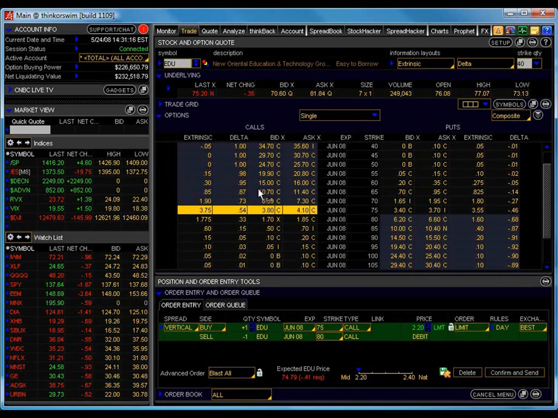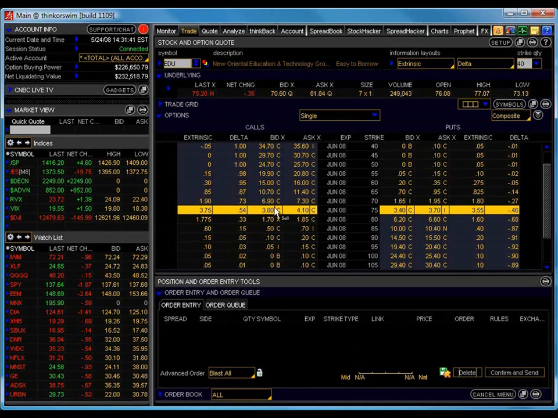And you can see it's not only true for the calls, but it's also true for puts. This has a $3.55 extrinsic value on the put side, and if we were to sell both the calls and the puts at the money, we would achieve a fairly significant amount of theta.